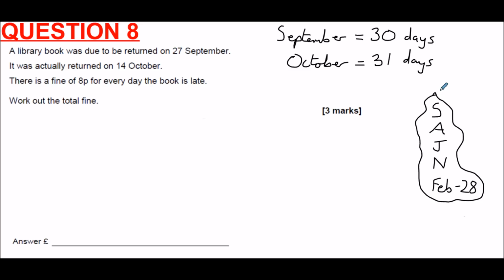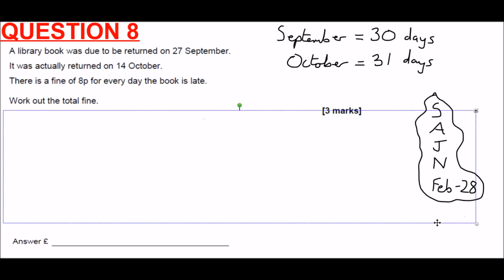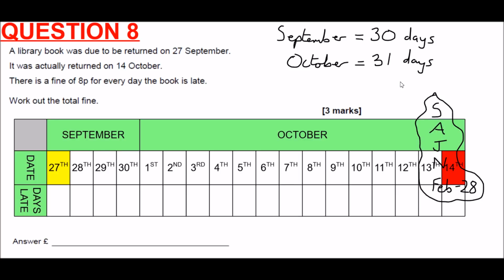So what we could do here is actually think of this as a table in a way. So if I just reveal this. Now, it was due to be returned on the 27th of September. So if it were returned on the 27th, that would have been just in time.